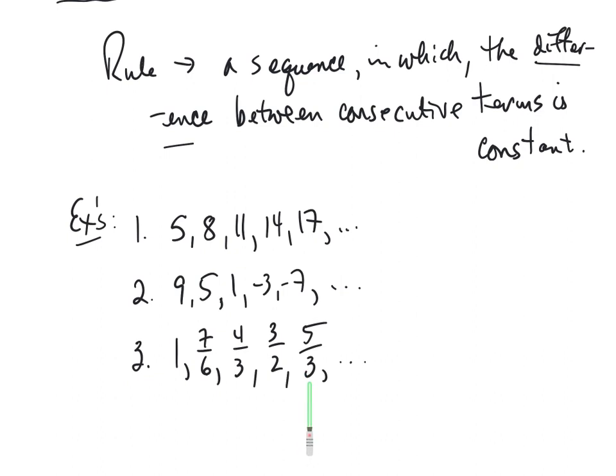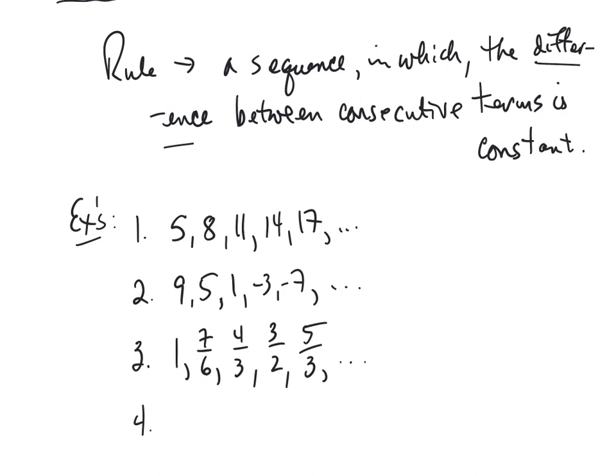So let's use our lightsaber. Take a look at 5/3 and subtract the term that comes before it, we get 1/6. Take 3/2 and subtract the term that comes before it, we get 1/6. 4/3 minus 7/6, or 7/6 minus 1. All of those give us a constant value of 1/6, therefore arithmetic.